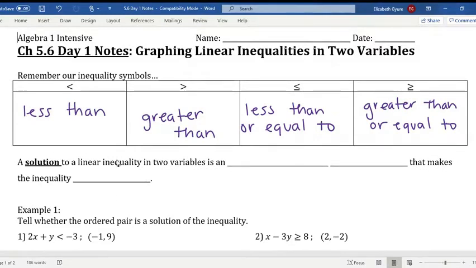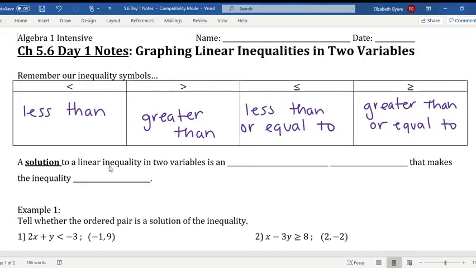So, a solution to a linear inequality. Remember when we were doing our elimination and our substitution before? Our answer would be an ordered pair. Same kind of thing happens here, a coordinate point like x comma y.